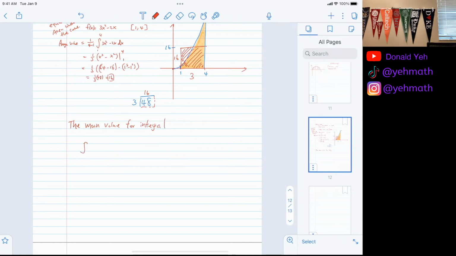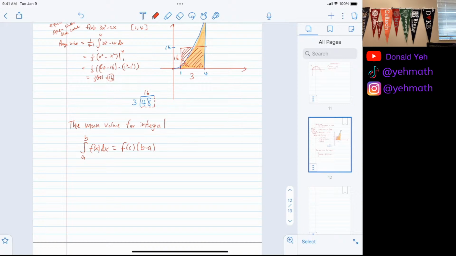Basically, they give you a similar equation if you pay attention: the integral from a to b of f of x dx is equal to f of c times (b minus a). Basically, you can divide both sides by b minus a, and that's going to be the average value equal to f of c.